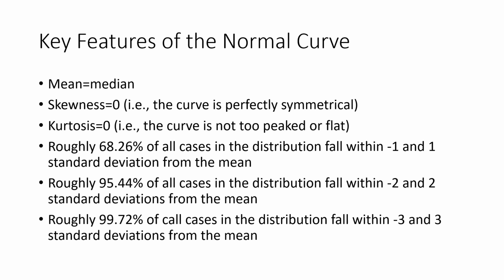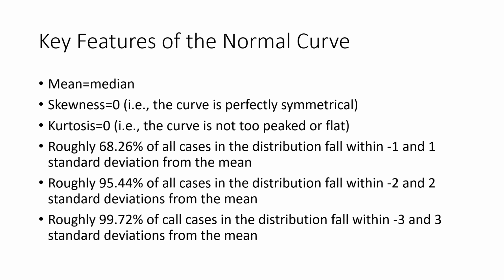Okay, let's summarize the key features of a normal distribution of scores, of a normal or a bell curve. First point, the mean and the median are the exact same number in a normal curve. If there were skewness introduced into the distribution of scores, then you would find that the mean would deviate either to the right in the case of extreme high scores or to the left in the case of extreme low scores vis-a-vis the median.